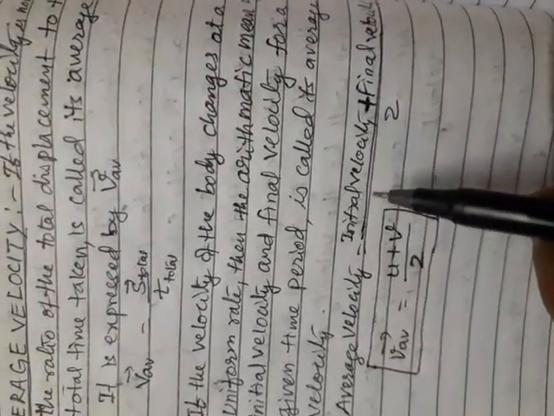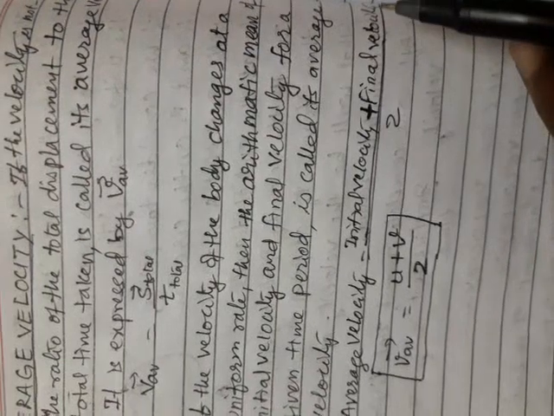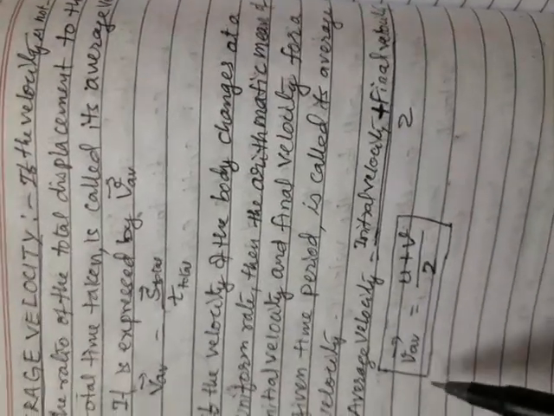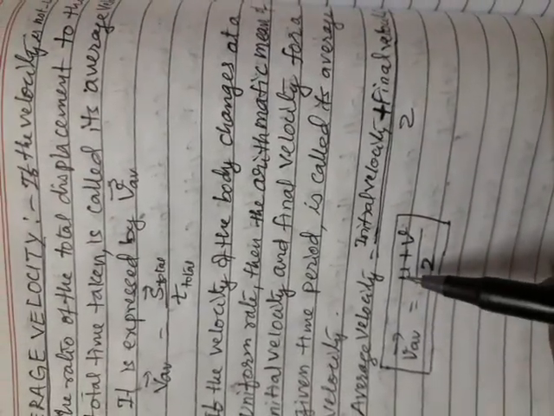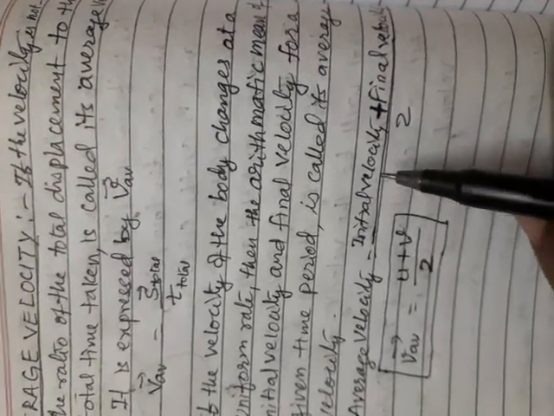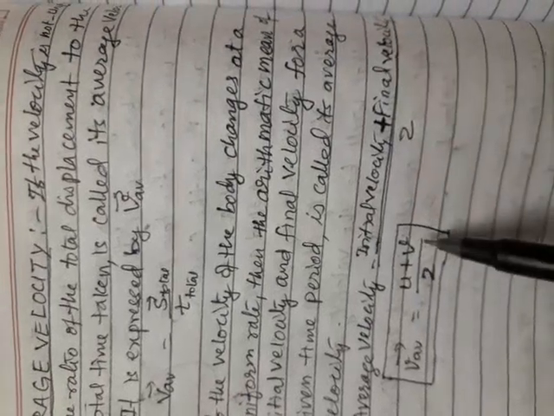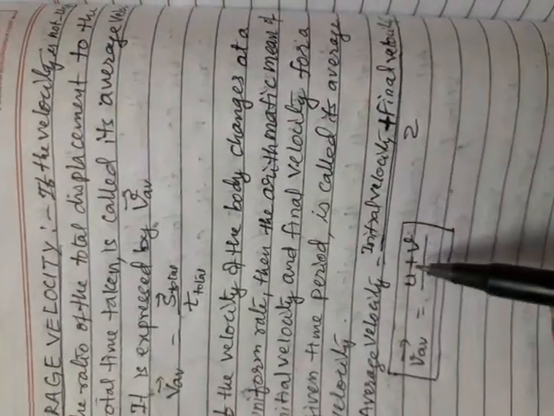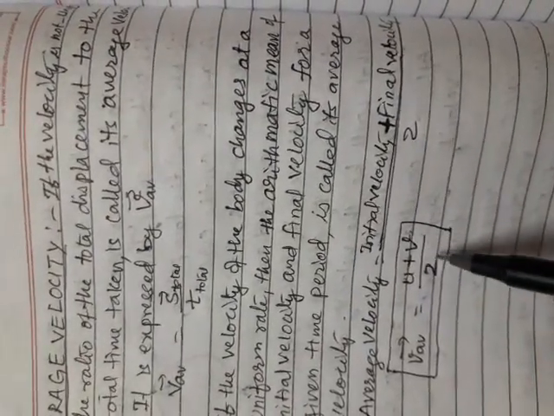Average velocity is equal to initial velocity plus final velocity by 2, or v_av equals u plus v by 2. So this is the arithmetic mean of the initial velocity and final velocity.